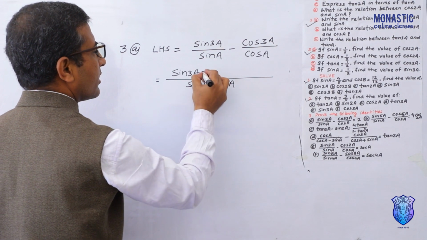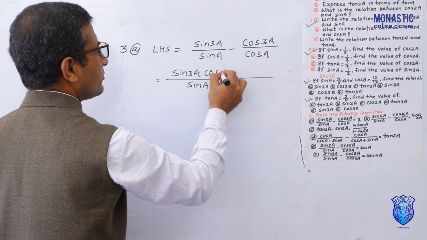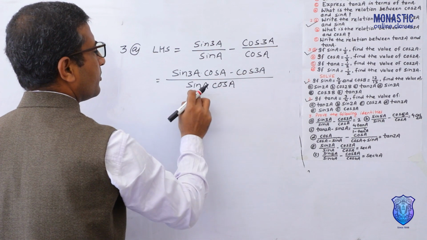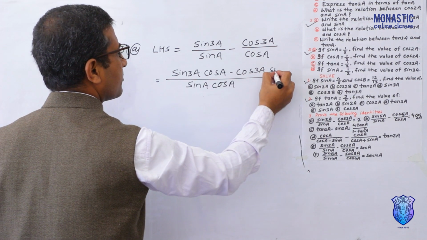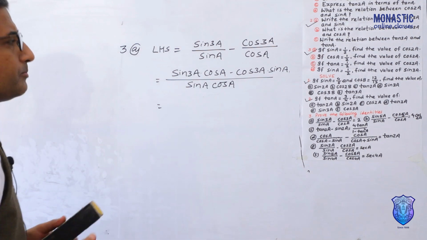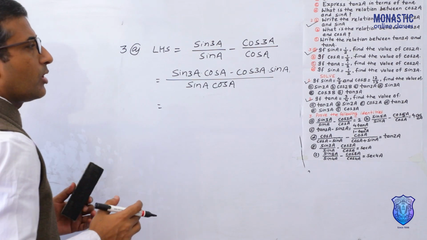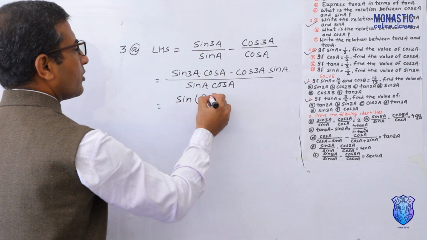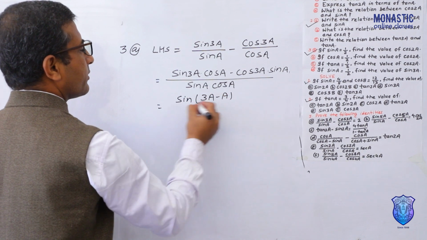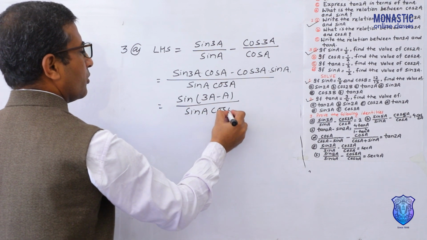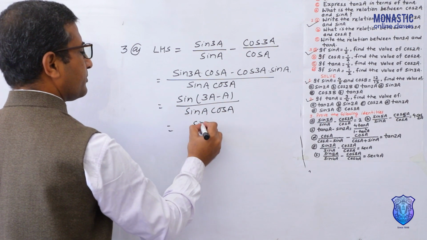Leave the sin A. Here came cos A. Here is cos A. Leave it. Then sin A came. Now look at the upper part. That's the formula of sin A minus B. Sin of 3A minus A. Do the subtraction.